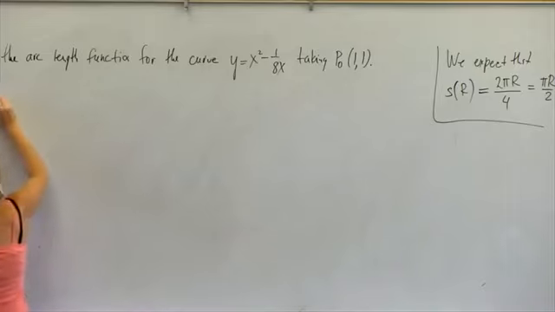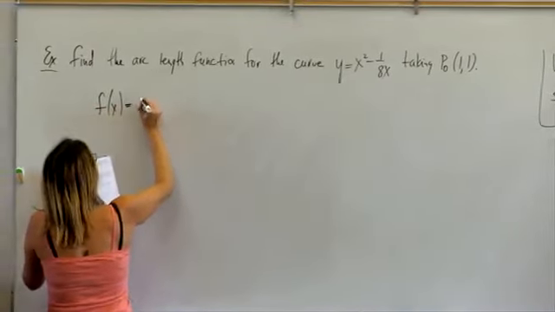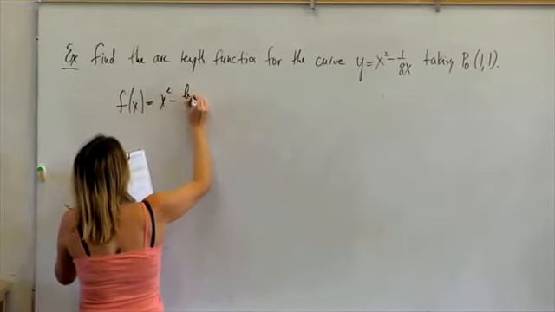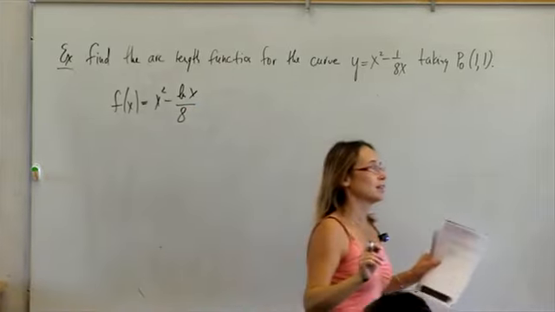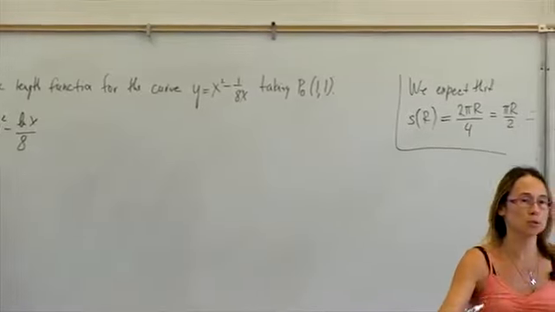Okay. So we have f of x. It's very similar to the example that we already had, but instead of a fixed length of the curve, we're going to design a function.